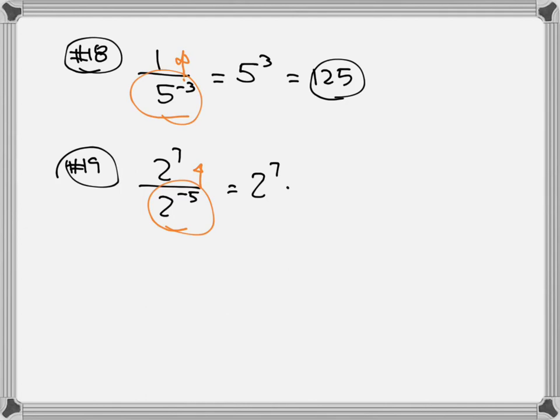Once you move up, no more negative exponents, so it becomes 2 to the 5th power. Okay, bases are the same. You write down one base. You add the exponents, so it'll be 2 to the 12. Then that's your answer.